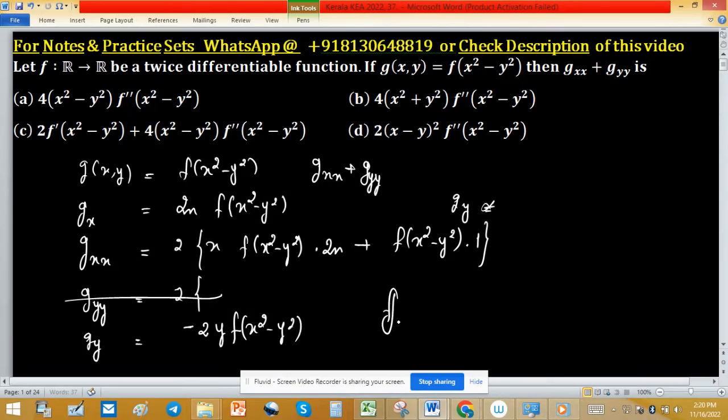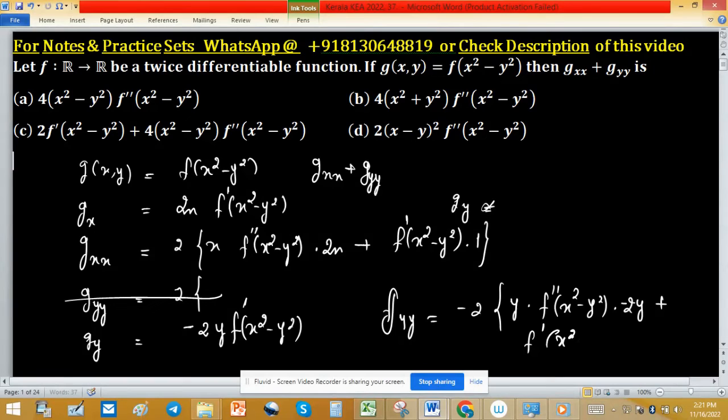Now gyy will be minus 2y into f double dash of x square minus y square into minus 2y, plus f dash of x square minus y square into minus 1.